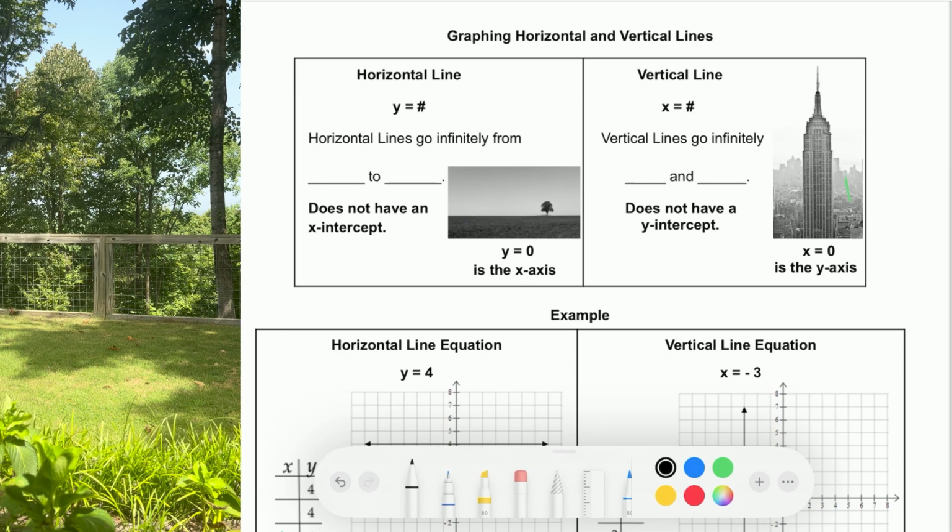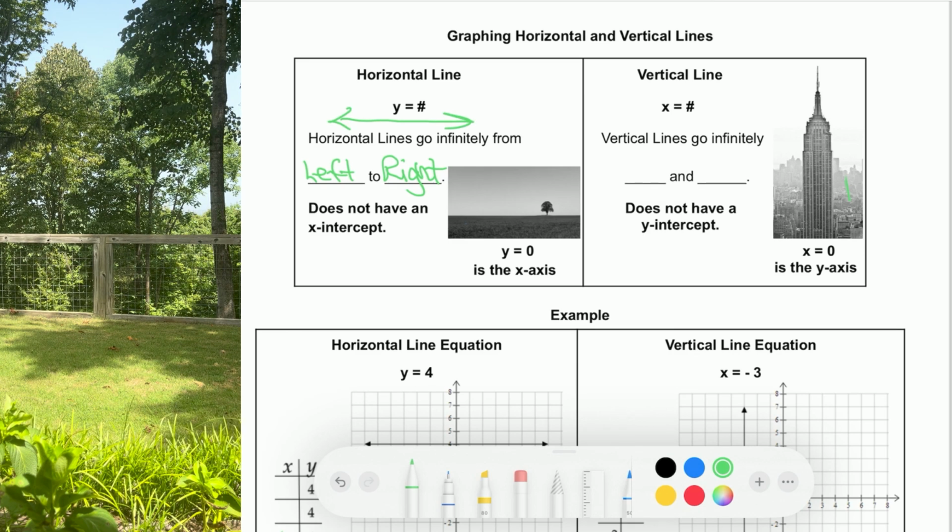Next section, graphing horizontal and vertical lines. The horizontal line equation is y equals a number, okay? Horizontal lines go infinitely from left to right, okay? So horizontal lines are like this.